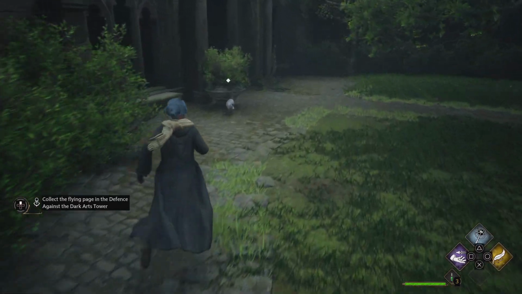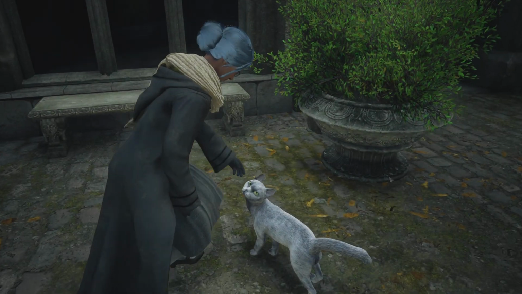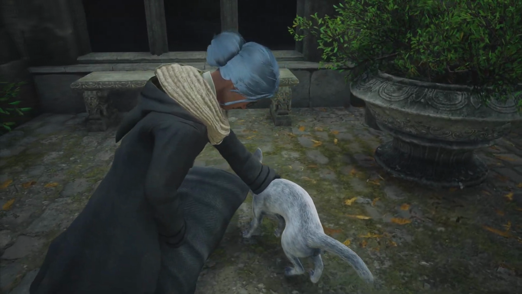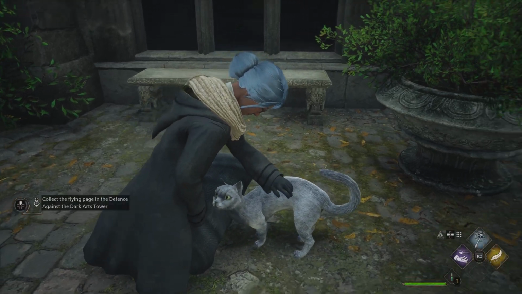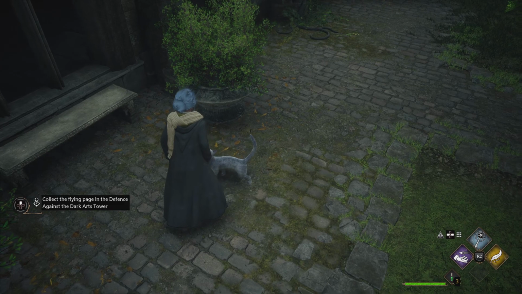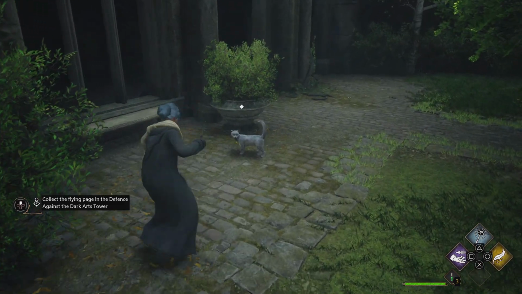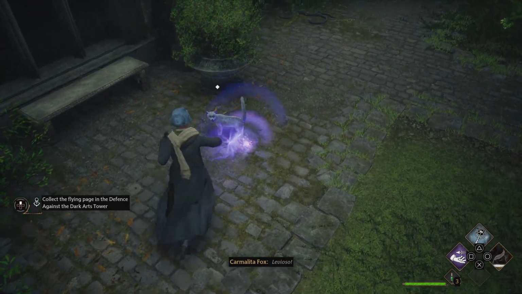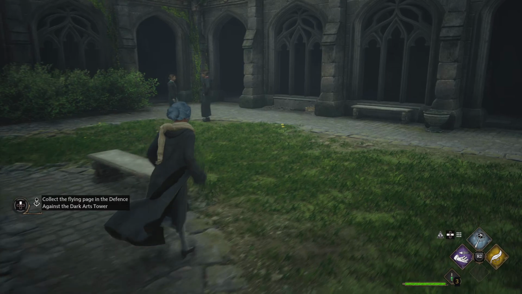Let me. Is it a white cat? Oh, man. It's a white cat. You know I'm racist. White cat, right? Please. What? That's it. I hate this so much.